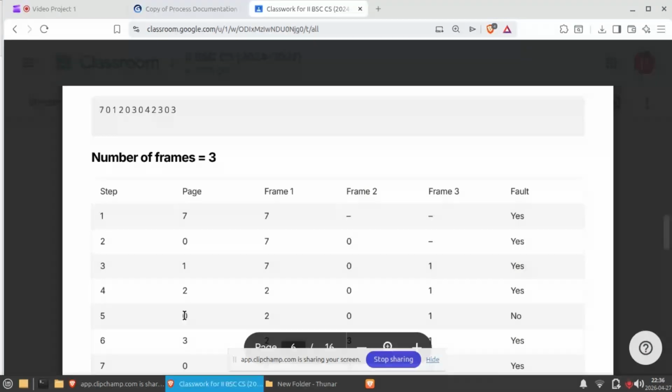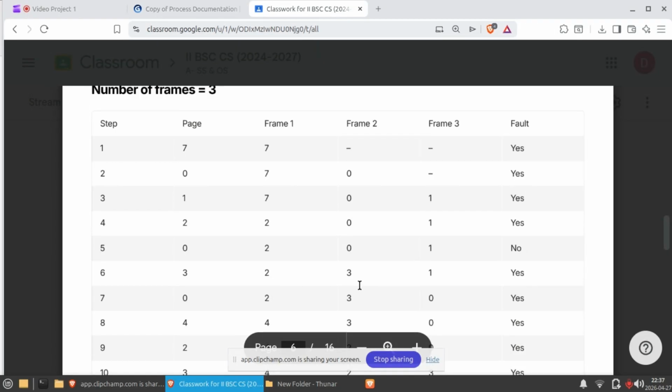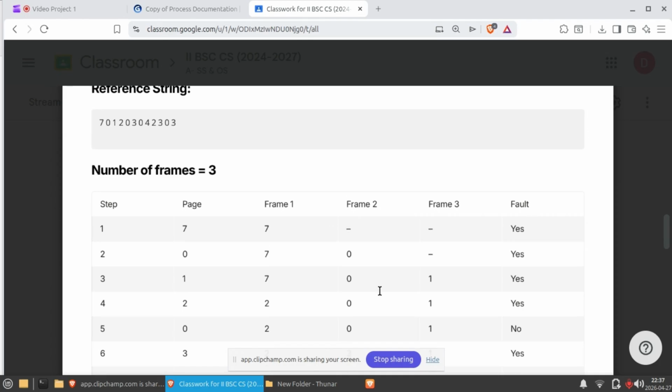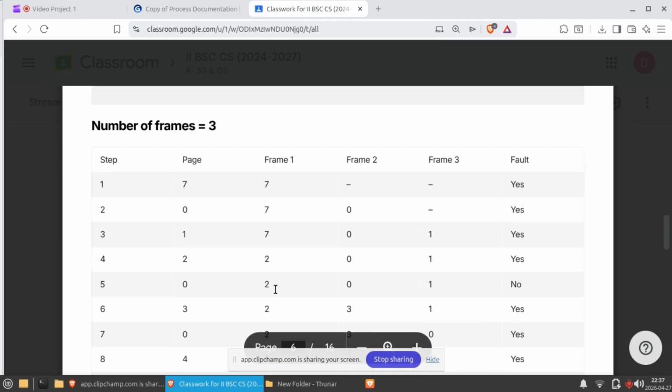Then zero comes. Already zero is in frame two, so no changes. Then one, also no changes.